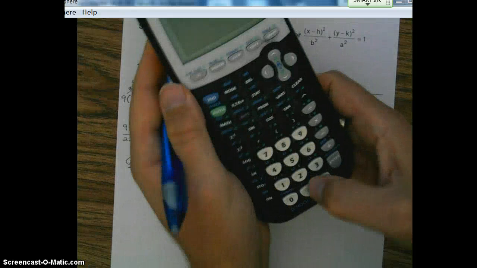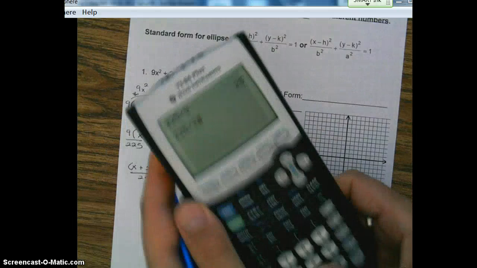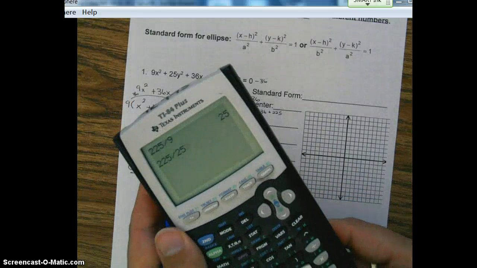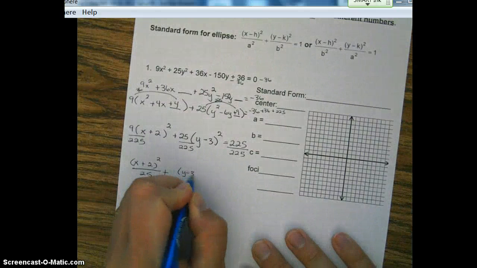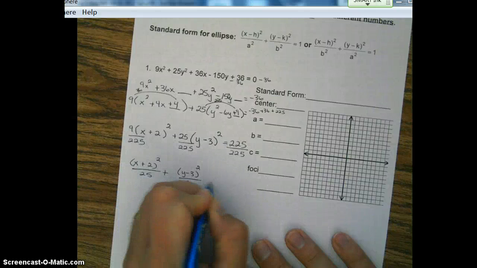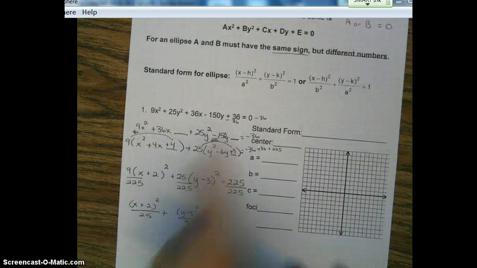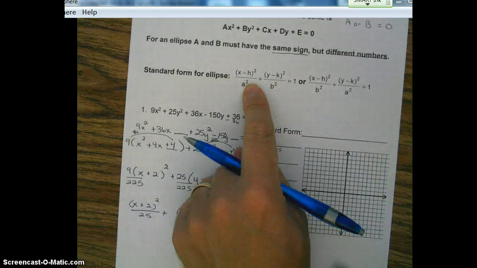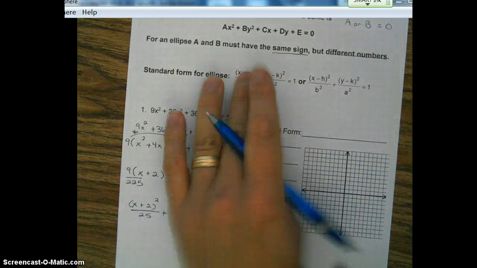Same thing with this one. 225 divided by 25 is 9. So y minus 3 squared over 9 equals 1. Now we have it in this form or this form. So how do I know which form it is?